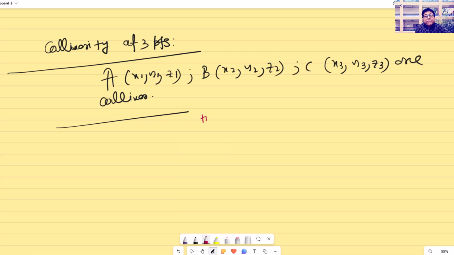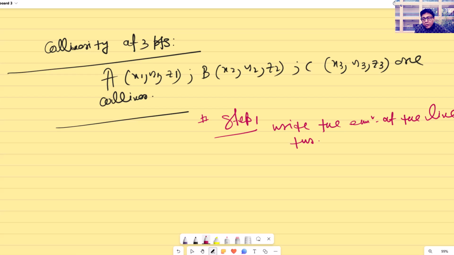That we first write, step 1 will be write the equation of line through 2 points A (x1, y1, z1) and B (x2, y2, z2).